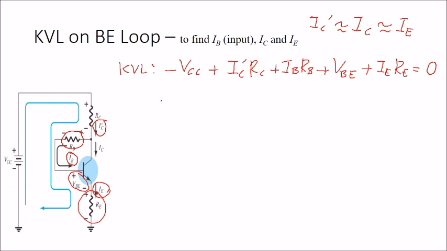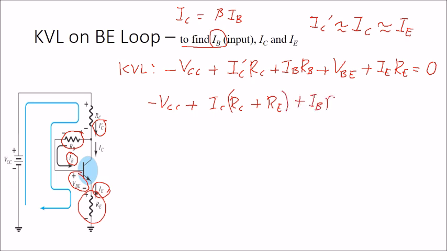Just substitute the values here, and the equation will be minus VCC plus IC (RC plus RE), plus IB RB, plus VBE equals 0.